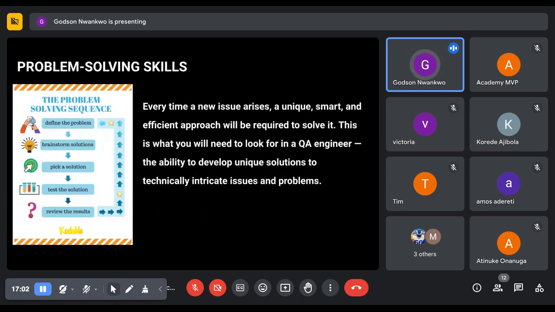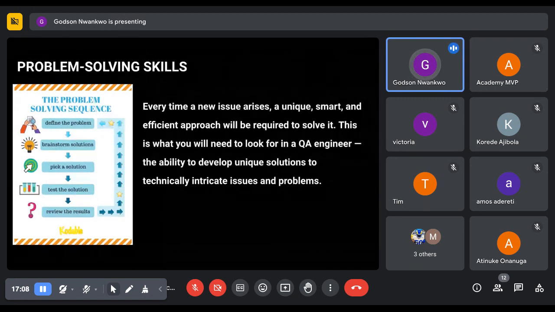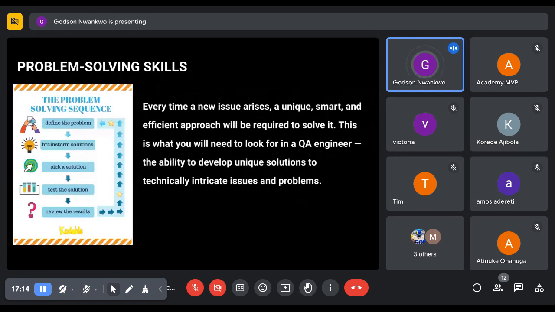They are the stakeholders, who come together to brainstorm on how to solve that particular issue, on how to tackle it.